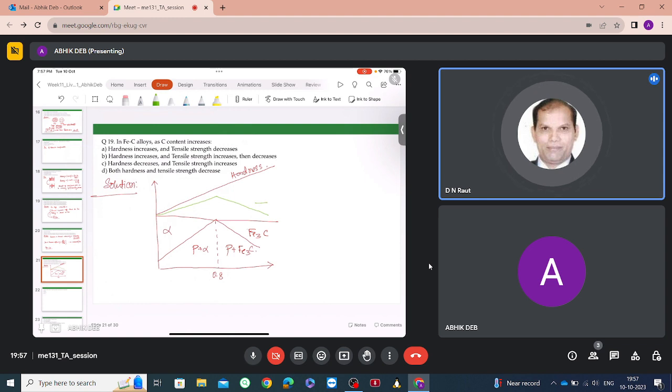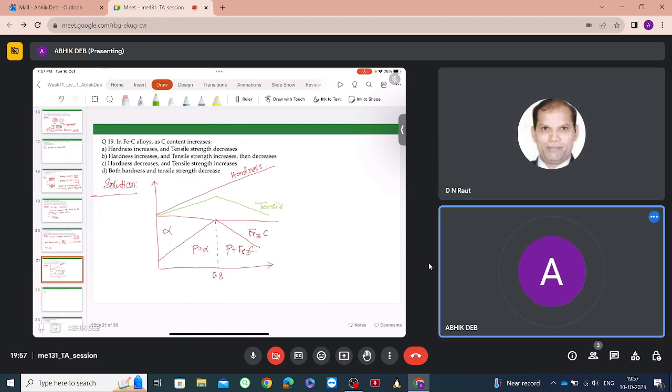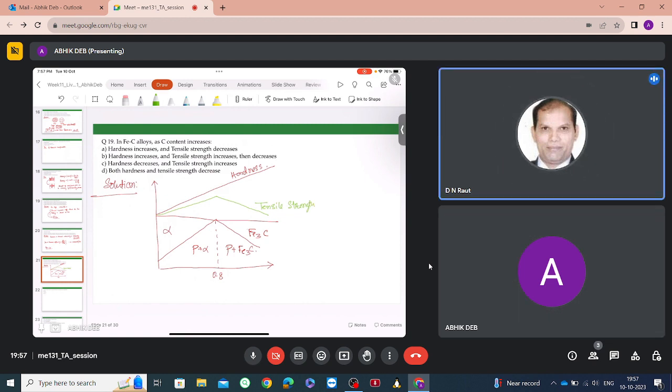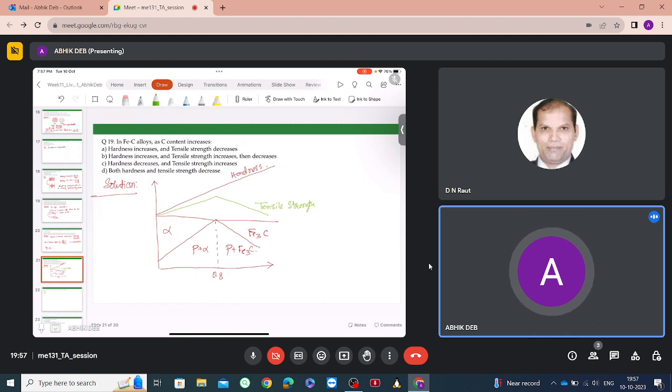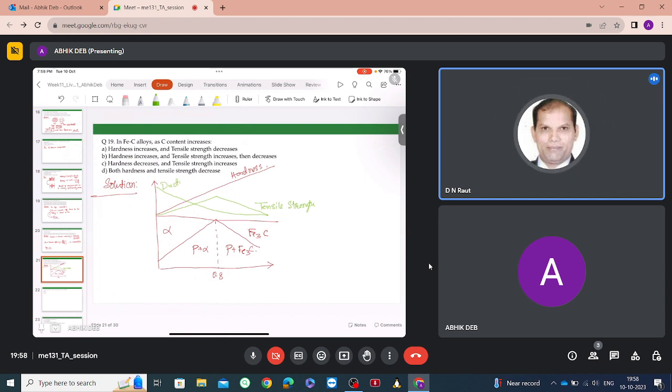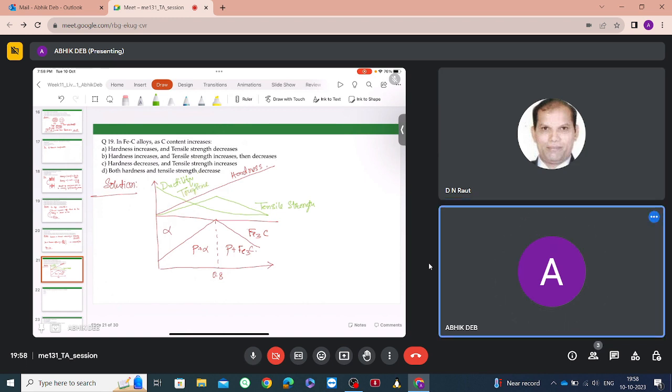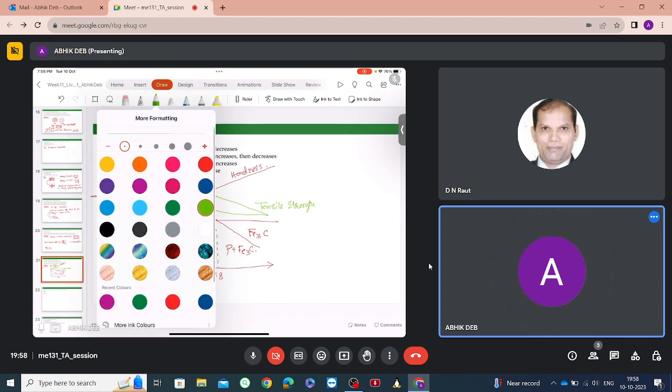The ductility and the toughness both will continuously decrease. So the answer will be B. The correct answer is option number B.